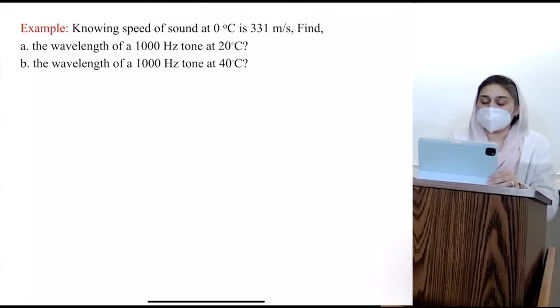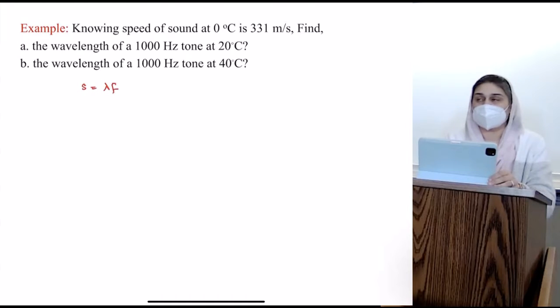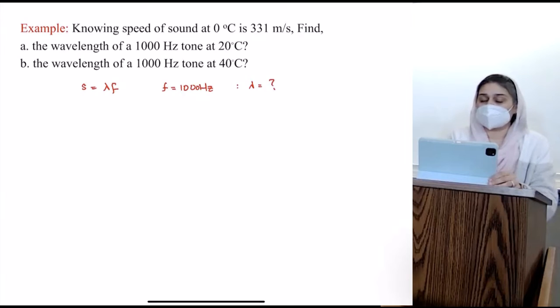So we know speed equals lambda f. They give you a frequency of 1,000 hertz, and they're asking us to calculate lambda. But the speed changes, so the formula that we should be using is speed divided by f equals lambda.